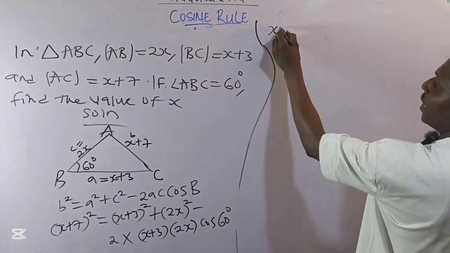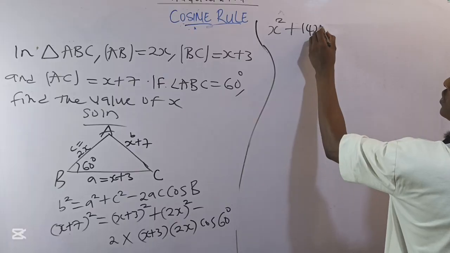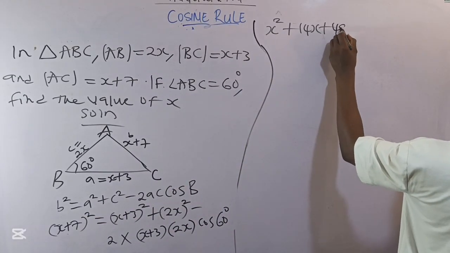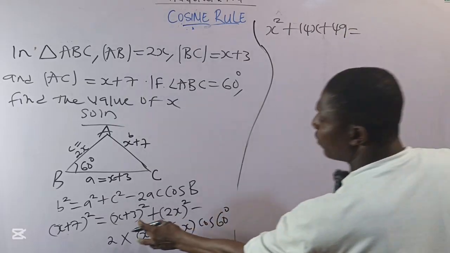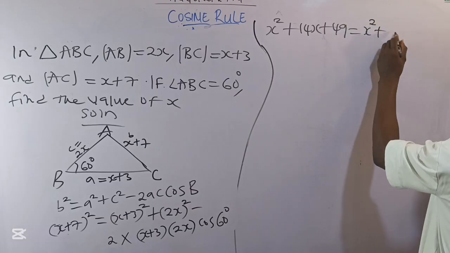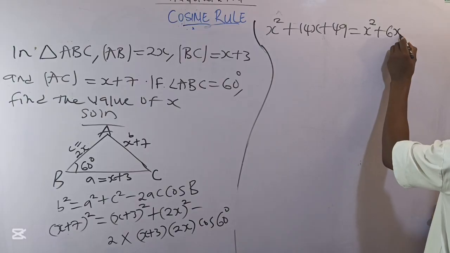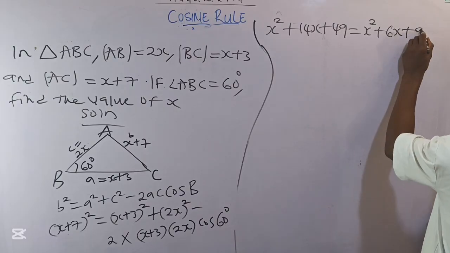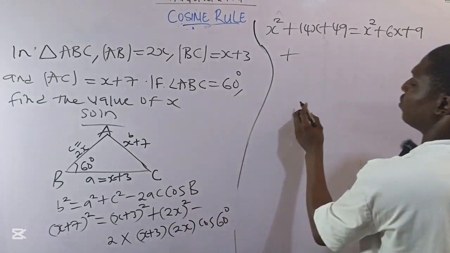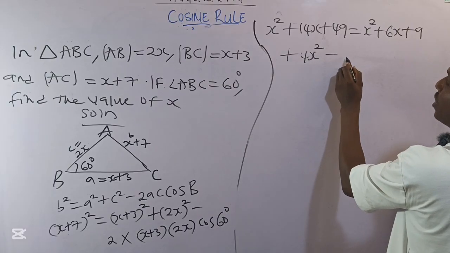Now I've gotten this, I'll expand it. This will give me s squared plus 2 times s times 7, which is 14s, plus 7 squared, which is 49, equal to, I will expand this as well, s squared plus 2 times s times 3, 6s, plus 3 squared, which is 9, plus, this is the continuation, 2s squared, which is 2s times 2s, 4s squared, minus.